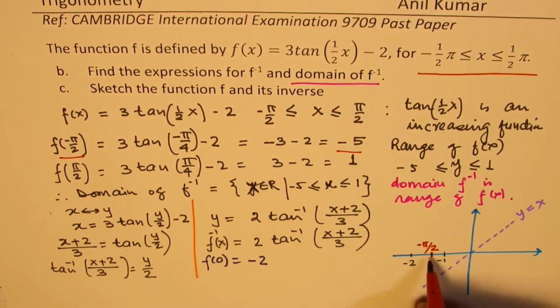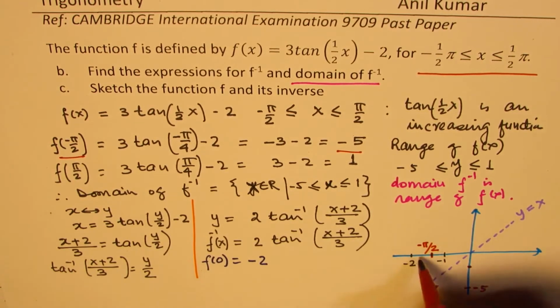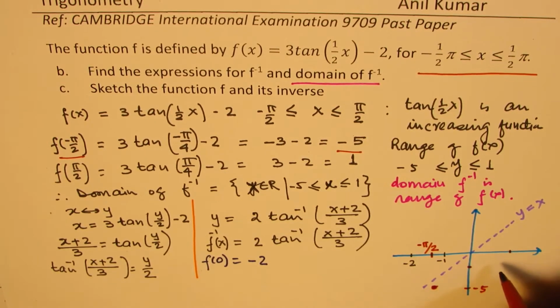So let's use this point as minus 5, correct? At 0 it is minus 2, somewhere here, okay? And then we know at pi by 2 it is 1. So at pi by 2 we have a value which is, let's say, 1, kind of here, okay?